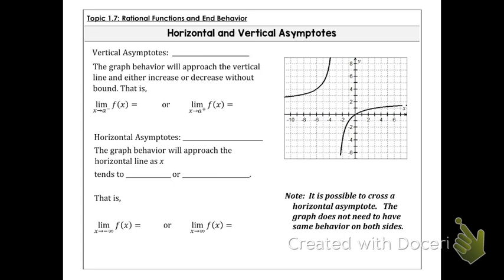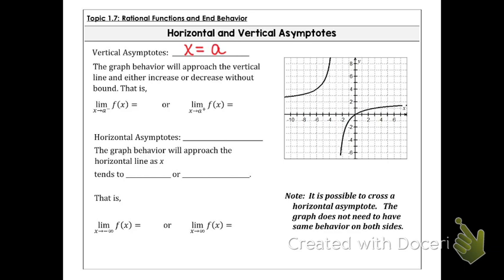All right, so let's talk about horizontal and vertical asymptotes. A vertical asymptote is written as a vertical line, so it's an x equals equation, x equals some number, and we're just going to use the letter A to represent a number here. It says the graph behavior will approach the vertical line and either increase or decrease without bound.